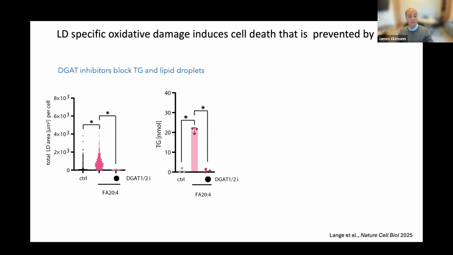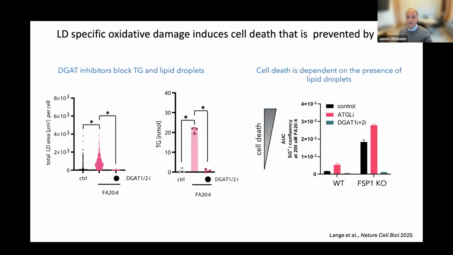We then wanted to look at the effects on ferroptosis and the induction of cell death in our knockouts to see if those droplets were really the culprit here. So what we're seeing here is in our knockouts, in the black bar, under treatment with those PUFAs, we see induction of cell death. This is what I also showed you on the preceding slide.